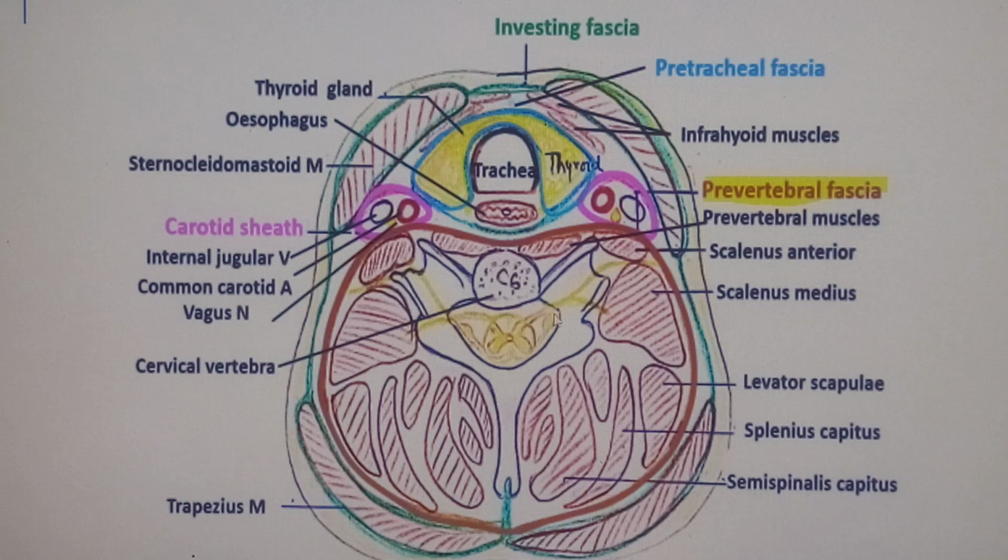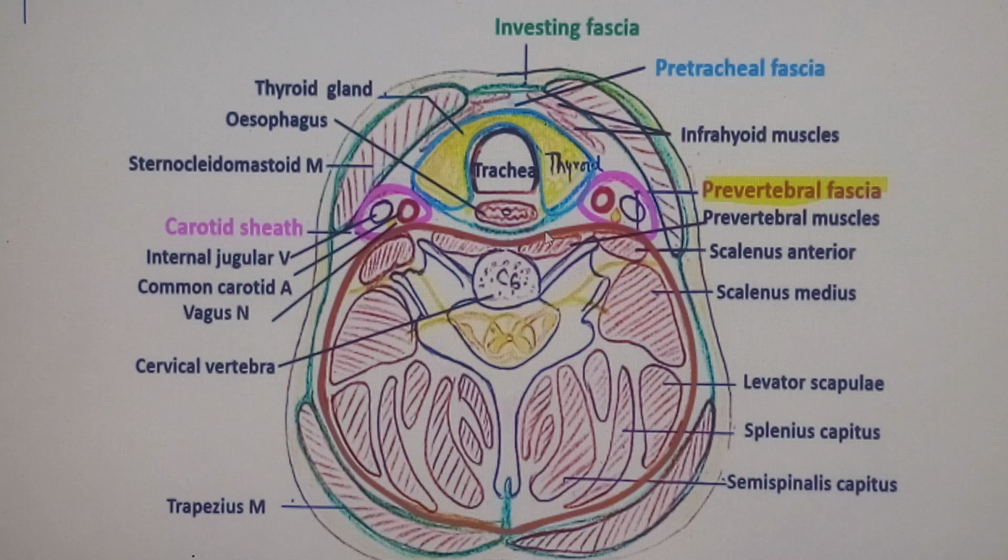This time around, what confines itself to the posterior aspect of the neck is what we call the vertebral fascia. Some books call it perivertebral fascia, because it goes all around the vertebra, so we call it peri. They talk about the anterior aspect of the perivertebral fascia being the prevertebral fascia.